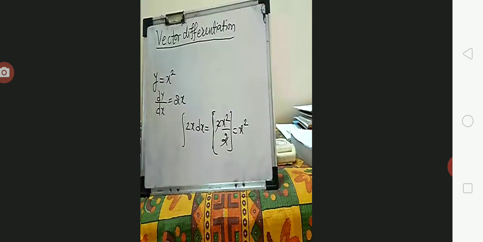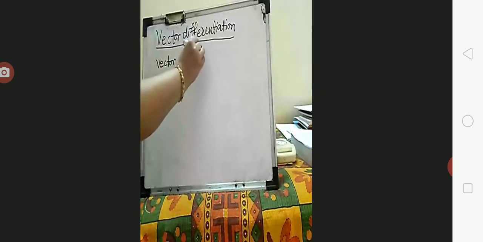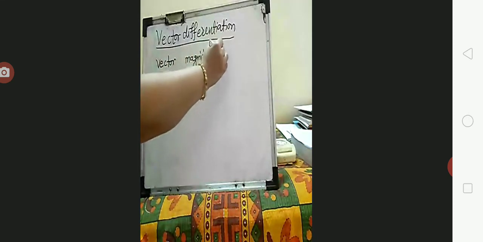So earlier you have seen the derivatives for functions not having direction, having the magnitude kind of thing. There is no i, j, k term here. So how do you define any vector? A vector has magnitude as well as direction.